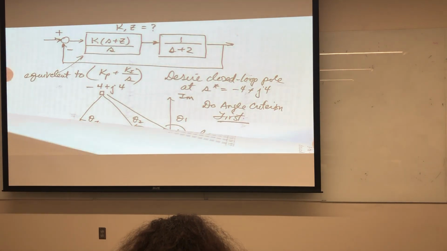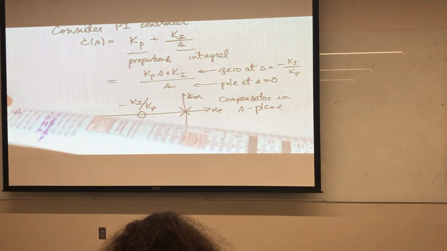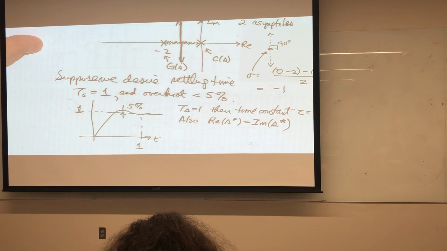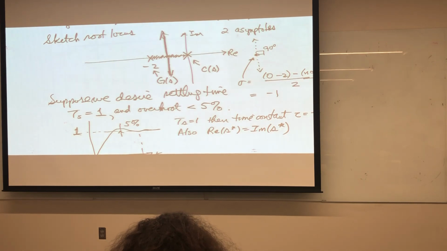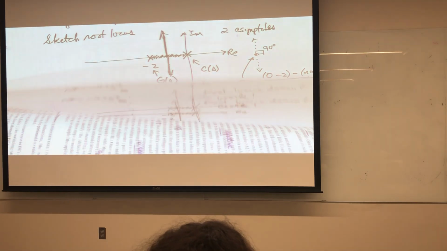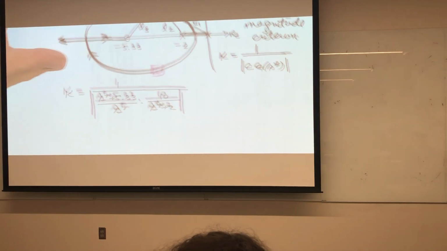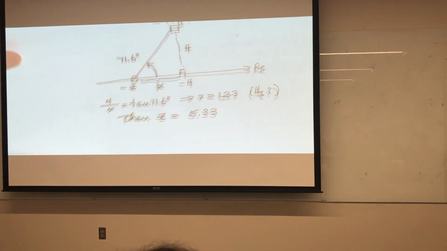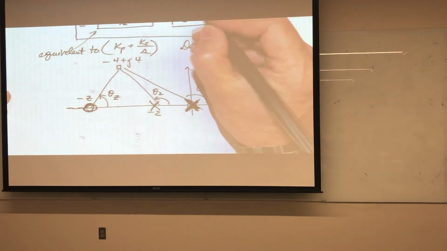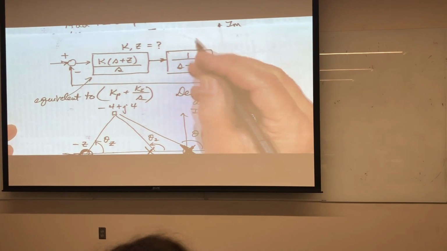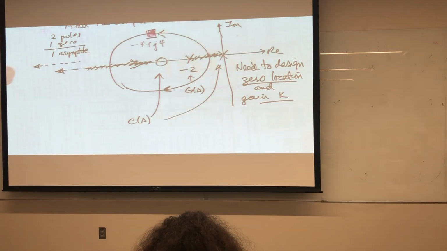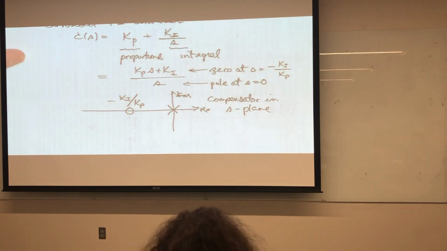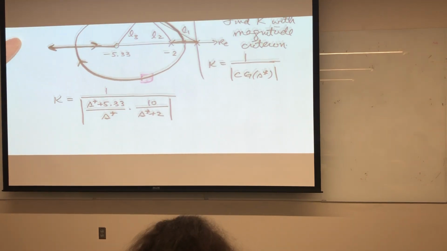I've been missing the 10 in a lot of these calculations, but it doesn't matter because up to now I haven't had to deal with the magnitude. This 10 doesn't affect the angle criterion, so fortunately that's not a problem, but it does affect the magnitude.